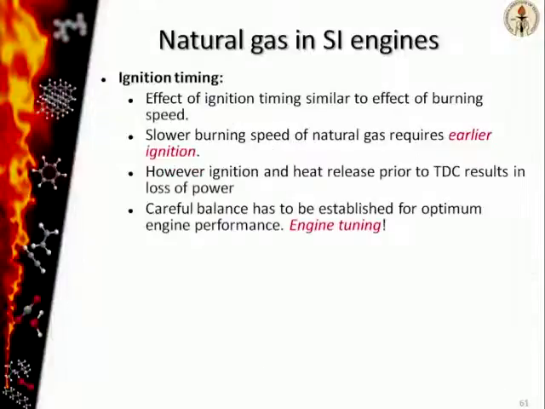Ignition timing is another parameter that comes into effect, and this is an effect similar to that of burning speed. The fact that natural gas has a lower burning speed means that you need to ignite earlier in the cycle so that you can complete the combustion of all the fuel.